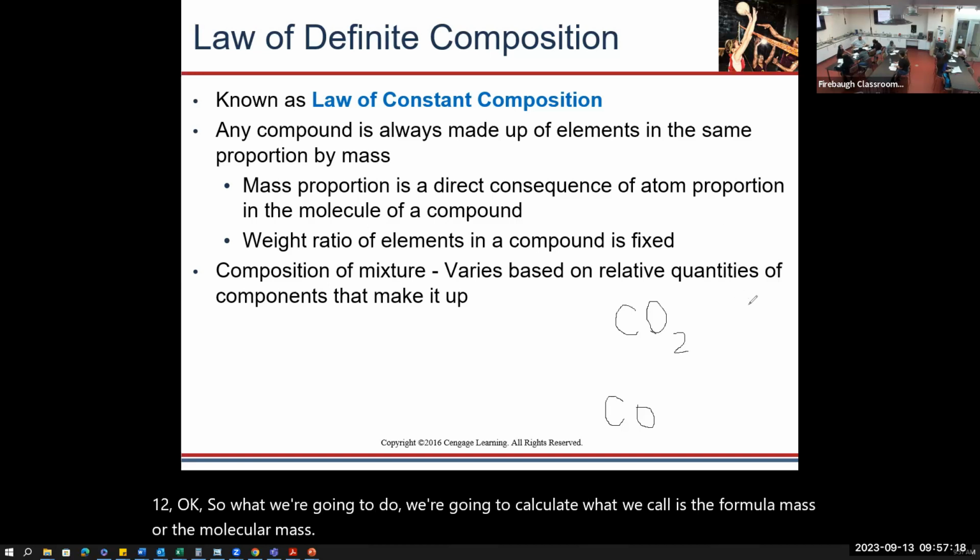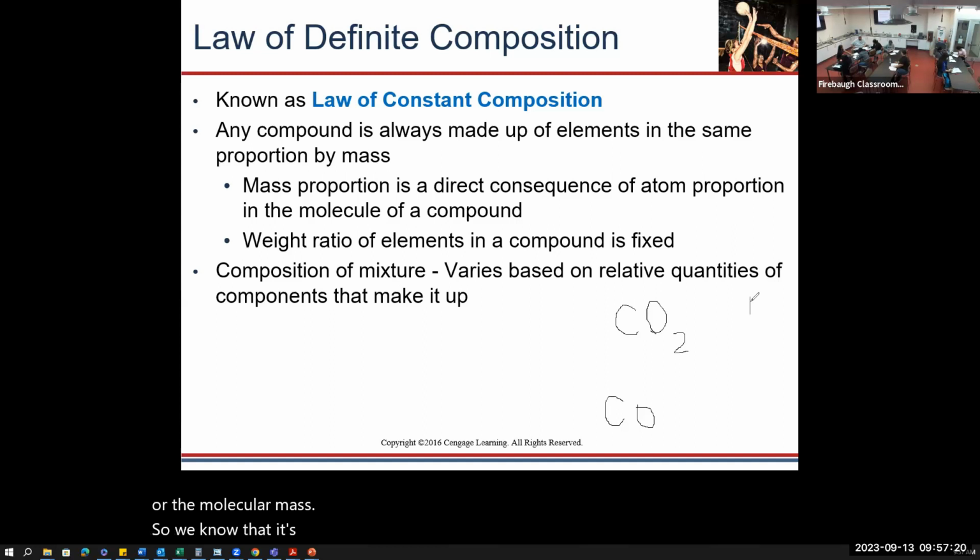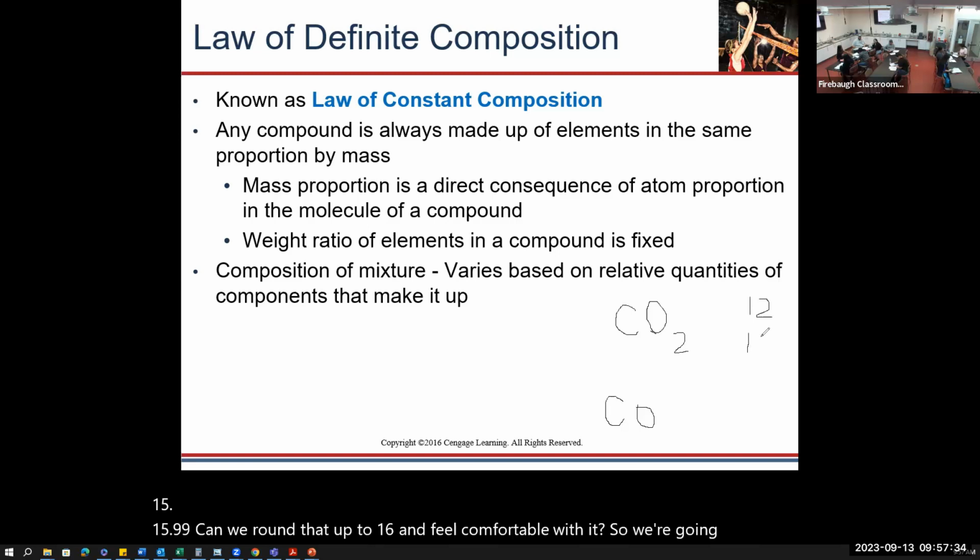So we know that carbon is 12. We're just going to do a quick round. And then oxygen is 15.99, can we round it up to 16 and feel comfortable with it? So we're going to round it up to 16. And then how many oxygens do we have? So we're going to do 16 times 2.